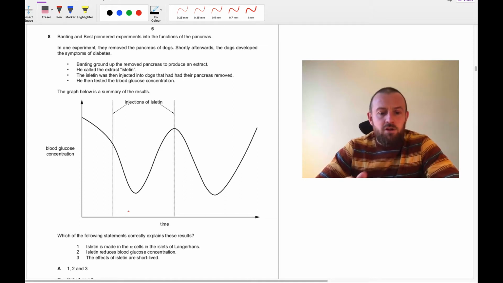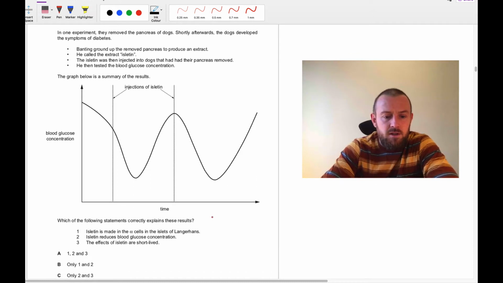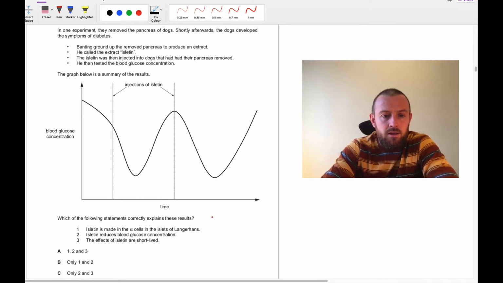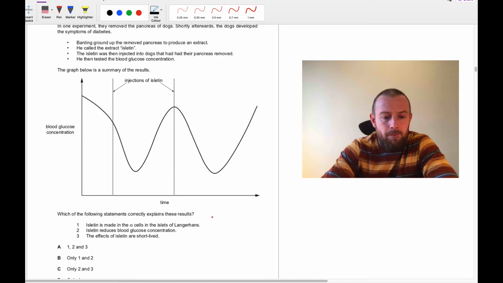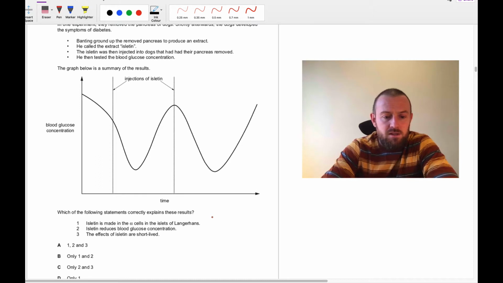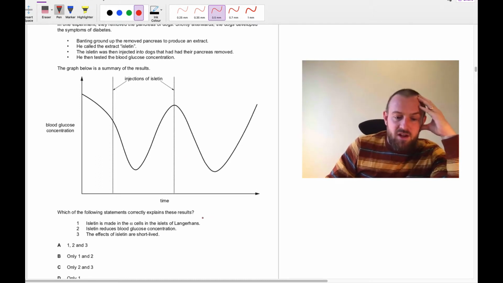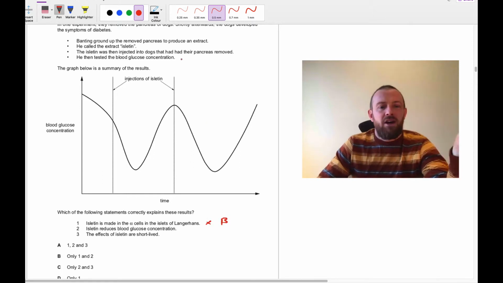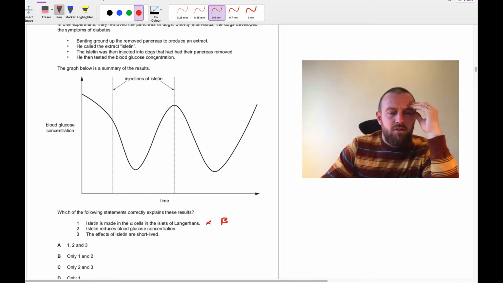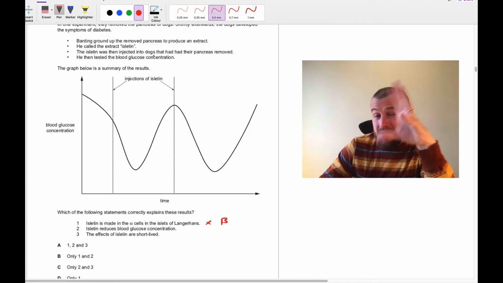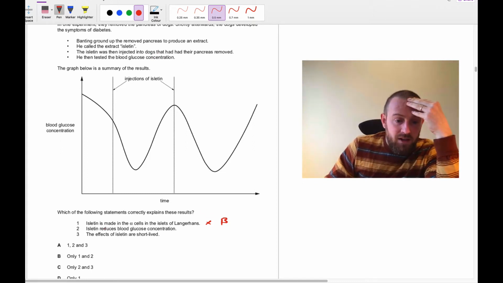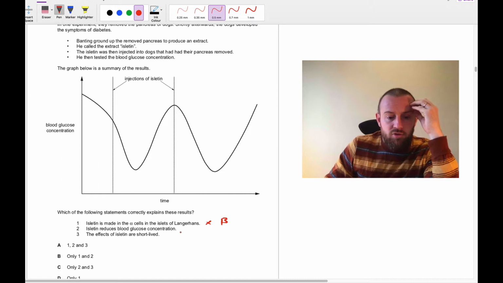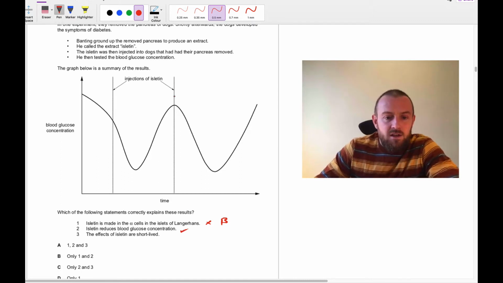Which of the following statements correctly explains these results? Isletin is made in the alpha cells of the islets of Langerhans. Well, that's false. It's actually the beta cells, and we wouldn't be able to tell that from this experiment. There's no knowledge about alpha and beta cells in this experiment. Isletin reduces blood glucose concentration. That appears to be proved roughly by this injection.